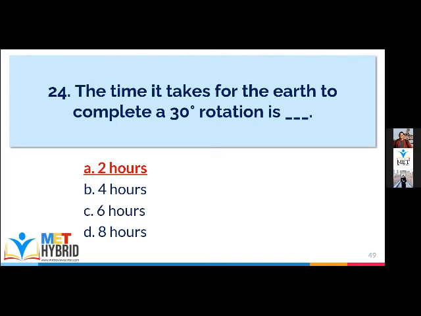Okay, so 360 divided by 24, that's actually 1 hour per 15 degrees. Since we are looking for 30 degrees, 15 times 2, you have 30. So therefore, 1 hour times 2, you have 2 hours.